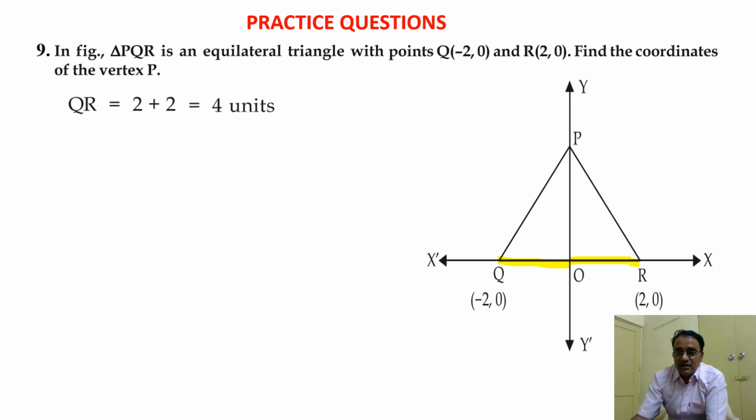Now, this is an equilateral triangle, all the sides are equal, so PQ is also 4 units, PR also 4 units.